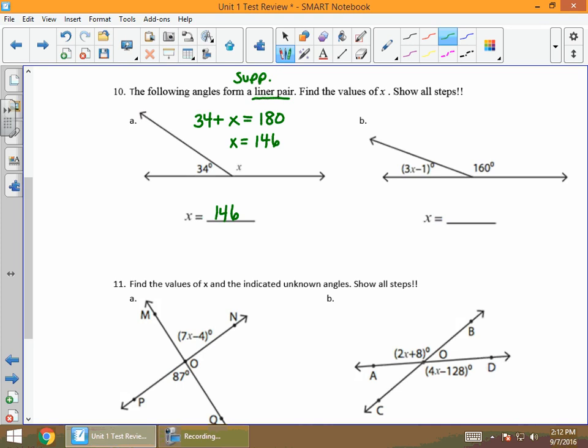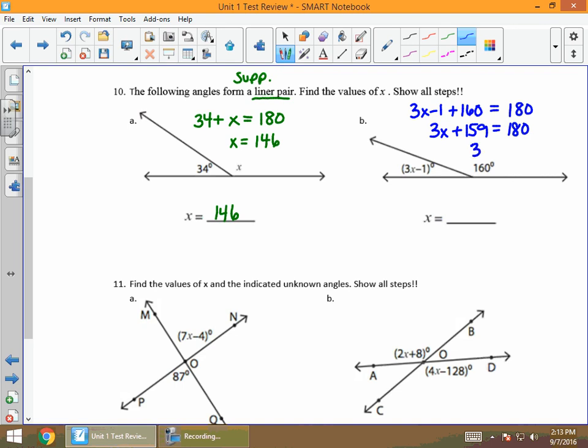For part B, it's another linear pair, so it's still supplementary. So 3x minus 1, add 160, add them together, it has to equal 180. Combine like terms, 3x, negative 1 and 160 is 159, equals 180. Subtract 159 on both sides.